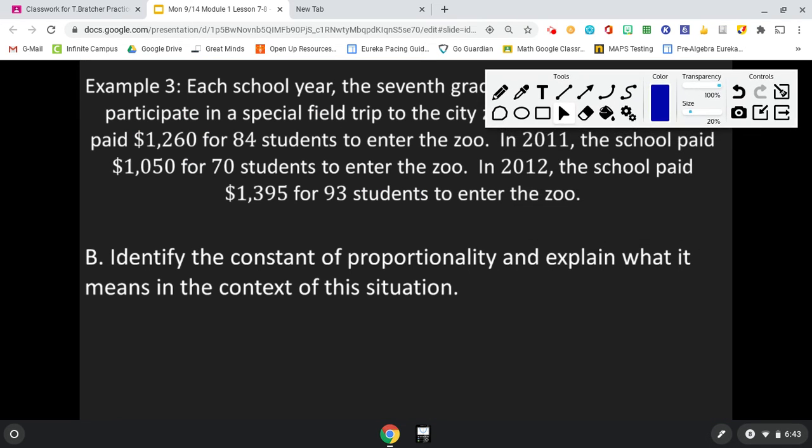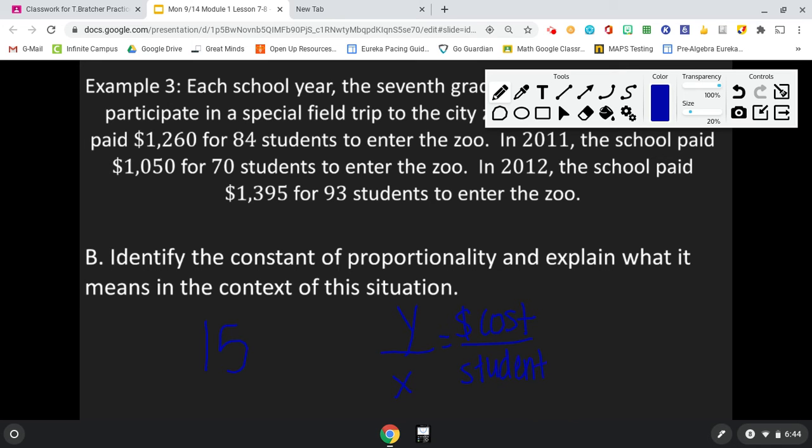So part B, it said identify the constant of proportionality and explain what it means in the context of the situation. So we kind of just gave you that. It was 15, which was the number we got. And we know the top value, again, was the cost. And the bottom was the students.